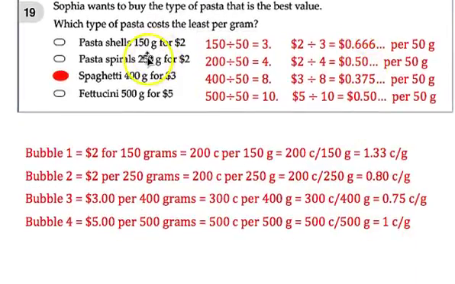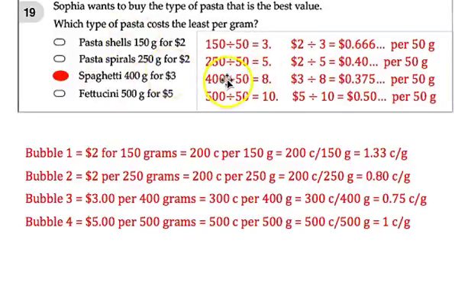Now 250, sorry, this is not right. 250 divided by 50 is 5. And so $2 divided by 5 is 0.40. So it's 40 cents per 50 grams for the second lot of pasta spirals.